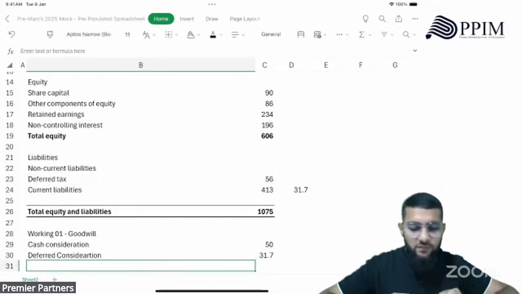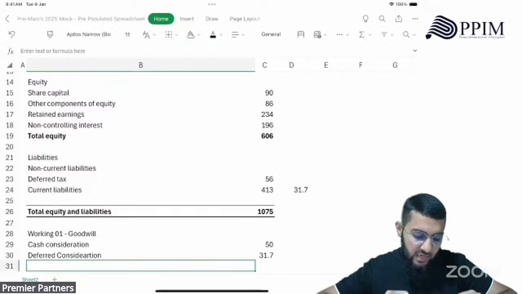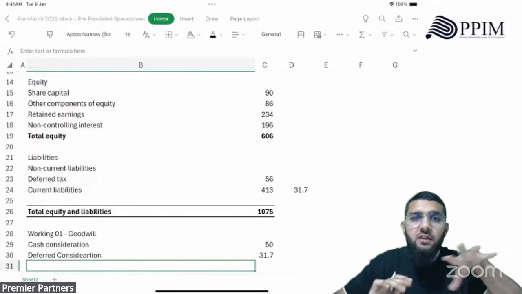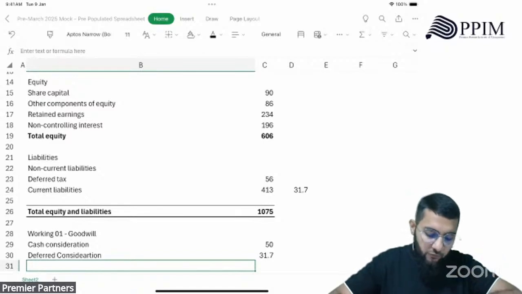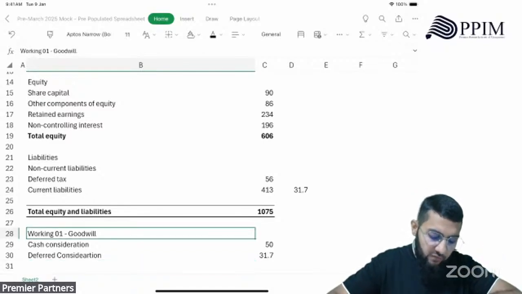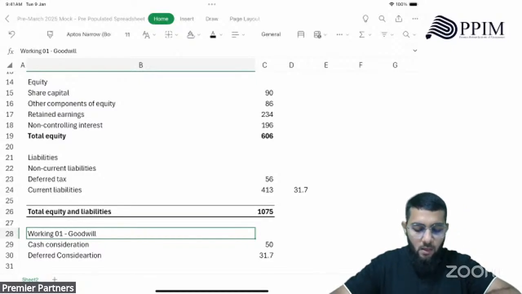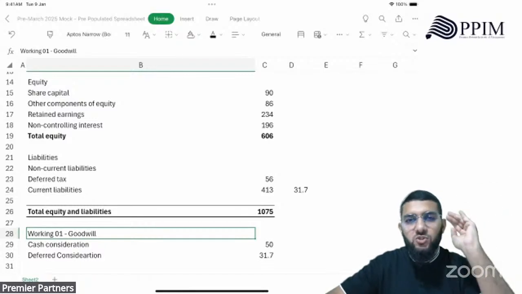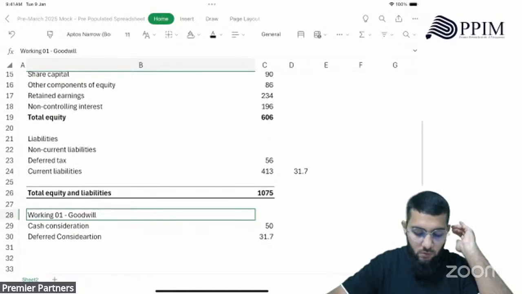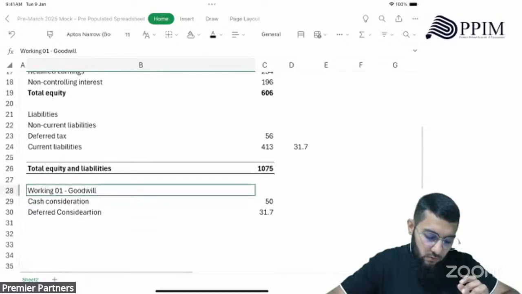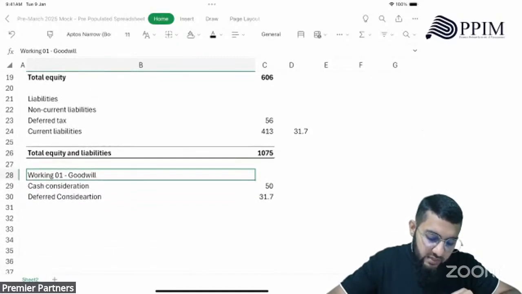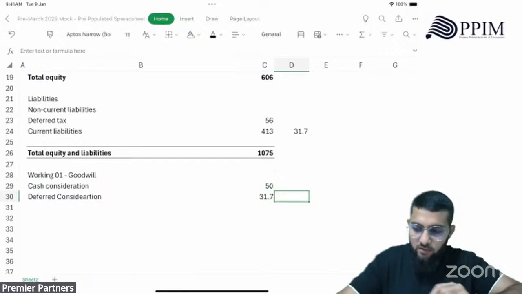There we go, that's a deferred consideration of 31.7 million. You can either do it as separate working or as one working for revised goodwill or goodwill correction. If you are showing working 1 as deferred consideration, within that working you can show the unwinding also. This working 1 itself gives rise to unwinding as well.